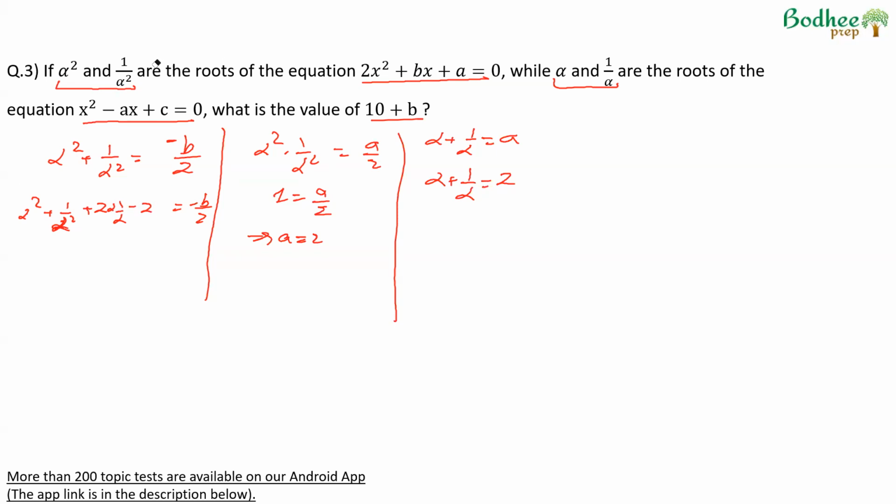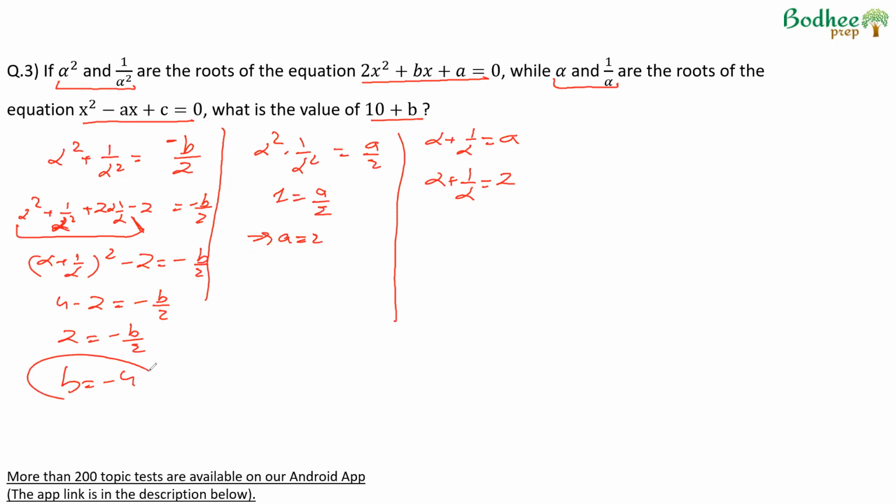So basically, if you look at the first three terms, this becomes the square of alpha plus 1 by alpha, and we have a minus 2, which is equal to minus b by 2. Alpha plus 1 by alpha comes out to 2. So 2 square, 4 minus 2 is equal to minus b by 2, which means 2 is equal to minus b by 2, which means b is equal to minus 4.